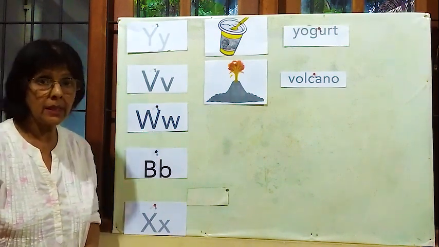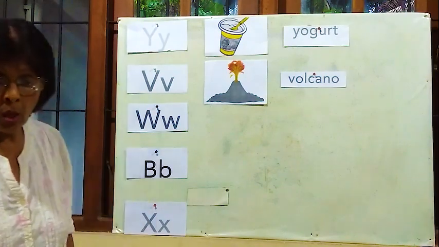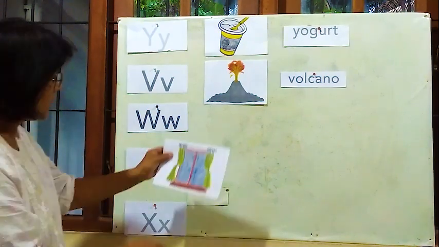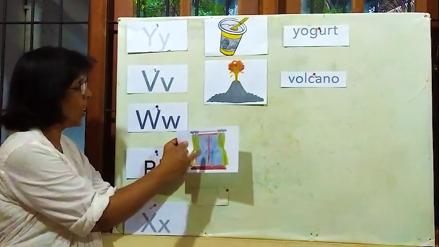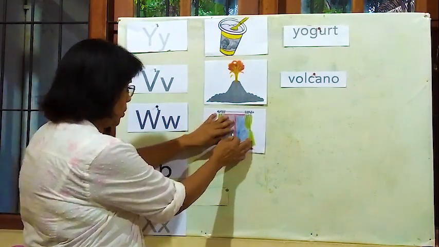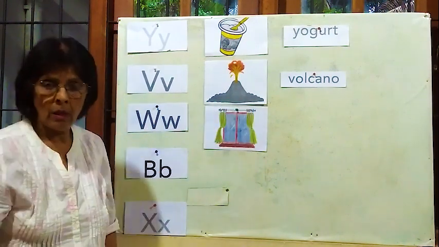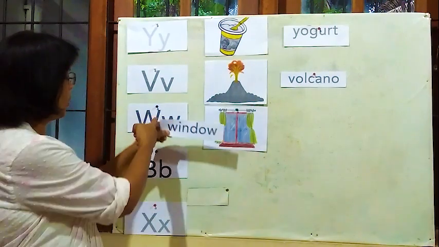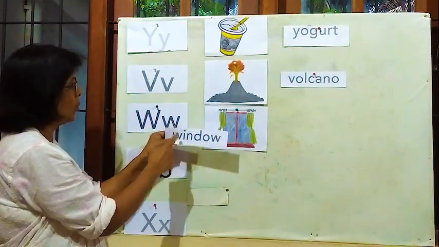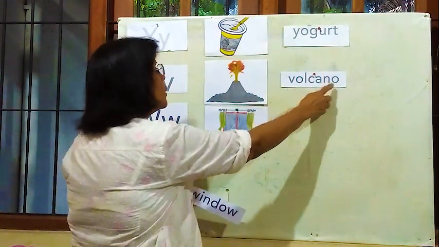W. What's the letter? W. W for window. Here, window. Look, W for window. Here, the first letter here, window, W. Here, V, first letter is V, volcano.